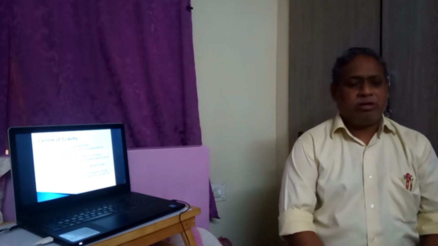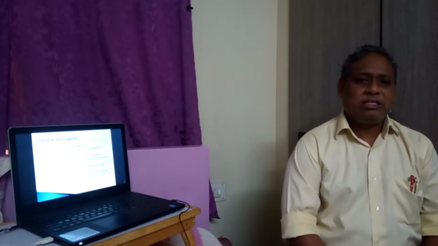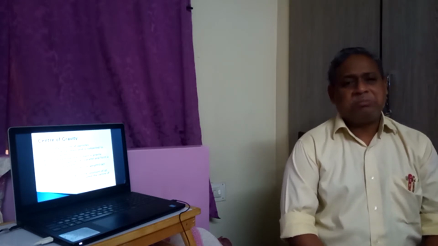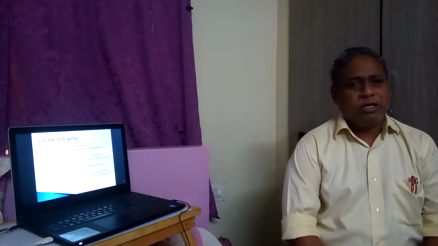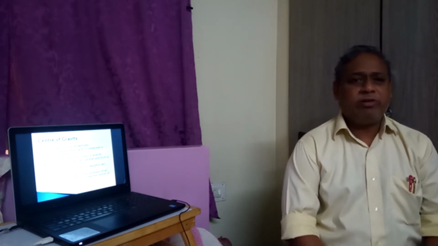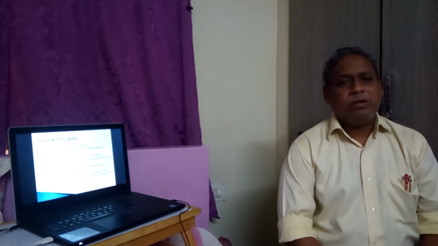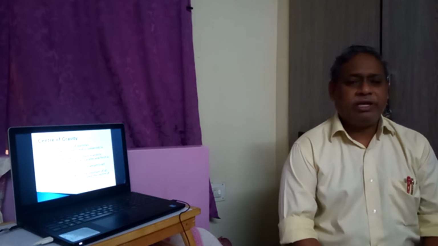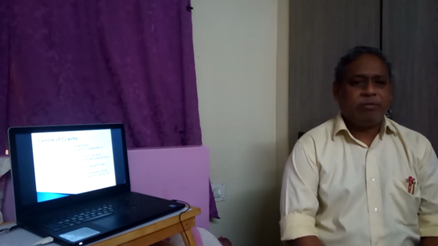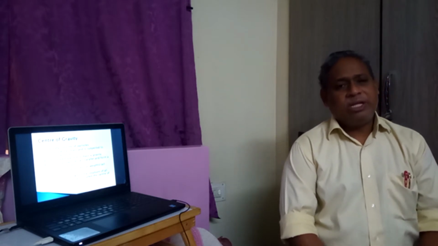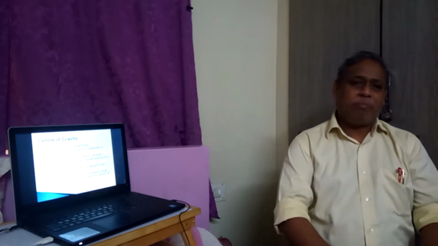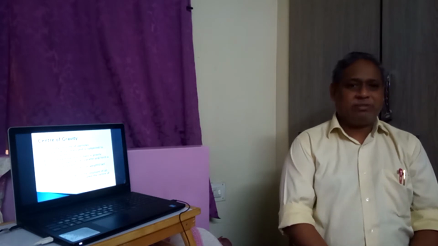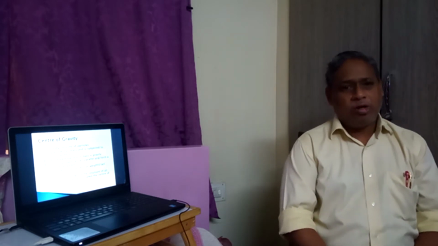You might have learned that gravity is not constant throughout the earth, and it is some 11 times or so lesser on the moon. So the weight is dependent on gravity. Mass is constant. What is the relationship between weight and mass? Weight is equal to mass into gravity. So any body which has some mass has some weight because there is some gravitational pull.